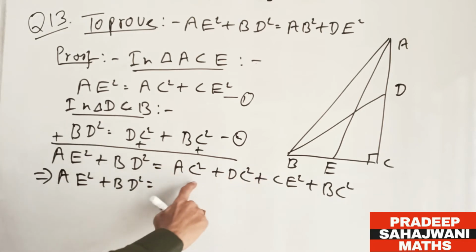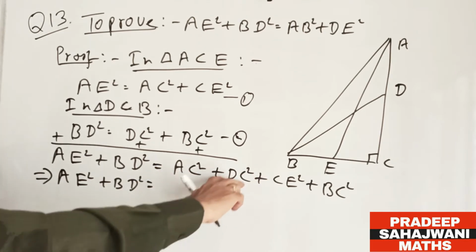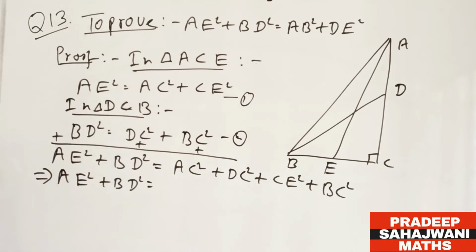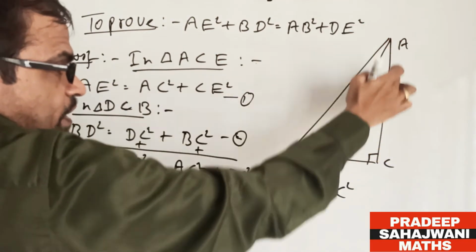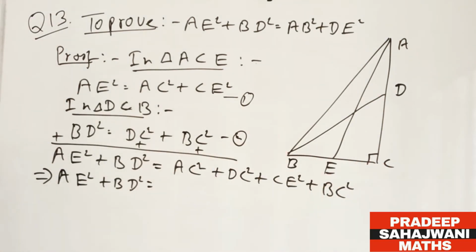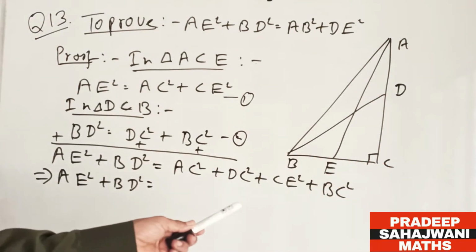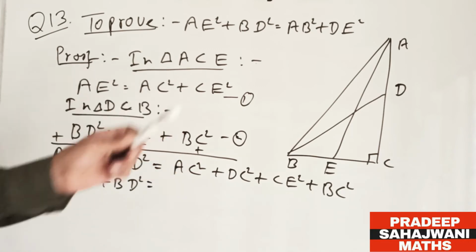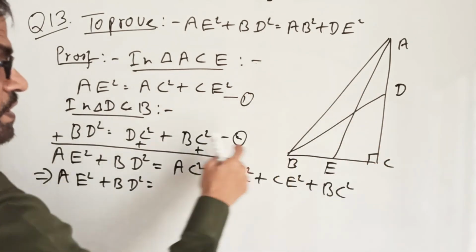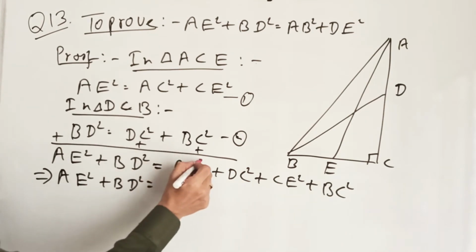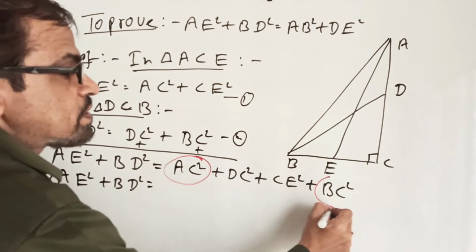But what we will operate here according to our need, we required the AB. So AB falls in triangle ACB. If we get the AC square and CB square, if we combine the AC square and CB square, so by Pythagoras we can obtain AB square. So check, is it there, AC and BC? So yes, this is AC square, this is BC square.